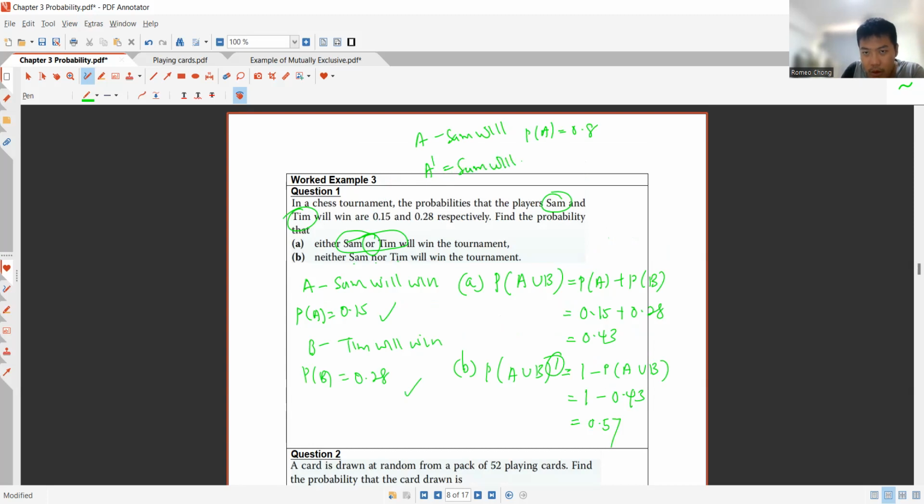So the P(A complement) will be 1 minus 0.8, because the probability for him to win is 0.8. If you want to find the probability that Sam will not win, then you have to use the total probability minus the probability that he will win. So it's 1 minus 0.8. It's the same concept. Okay, it's the same concept.